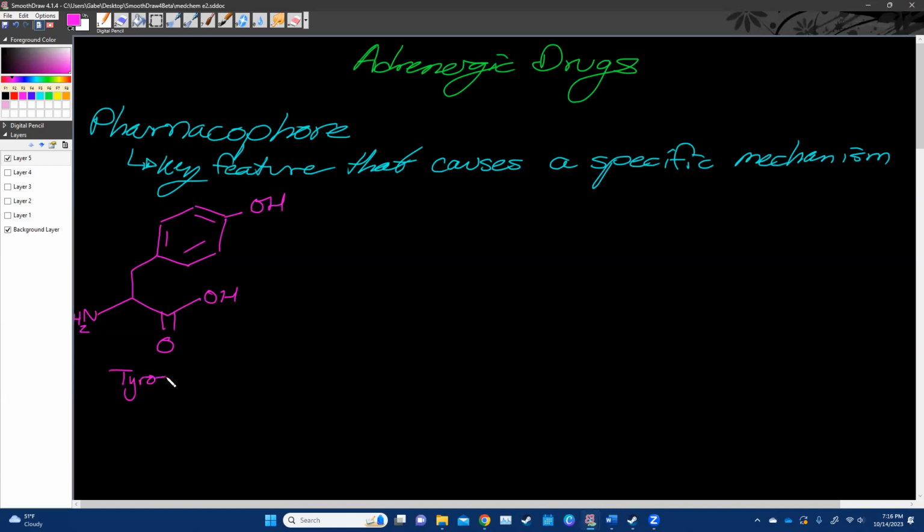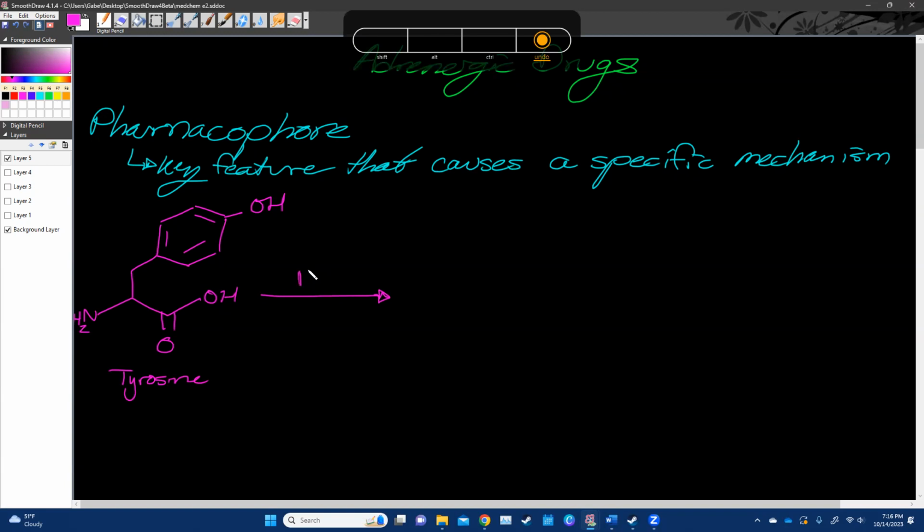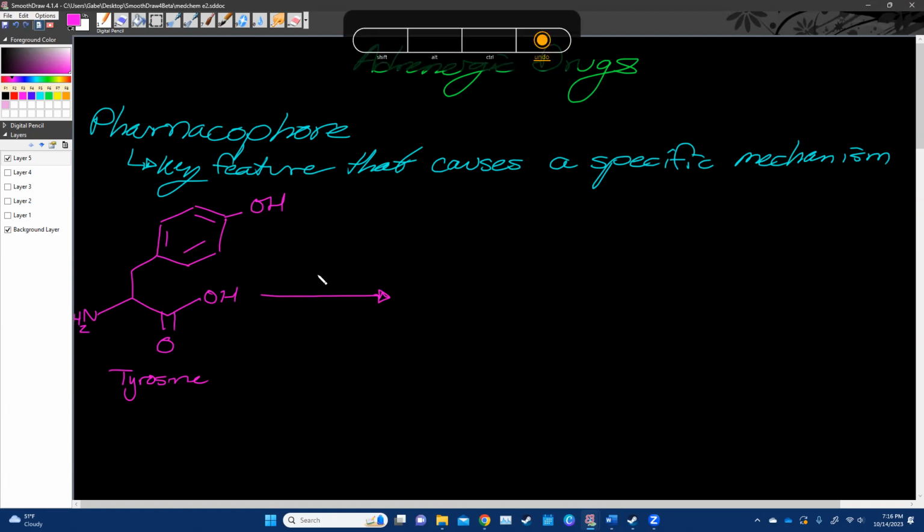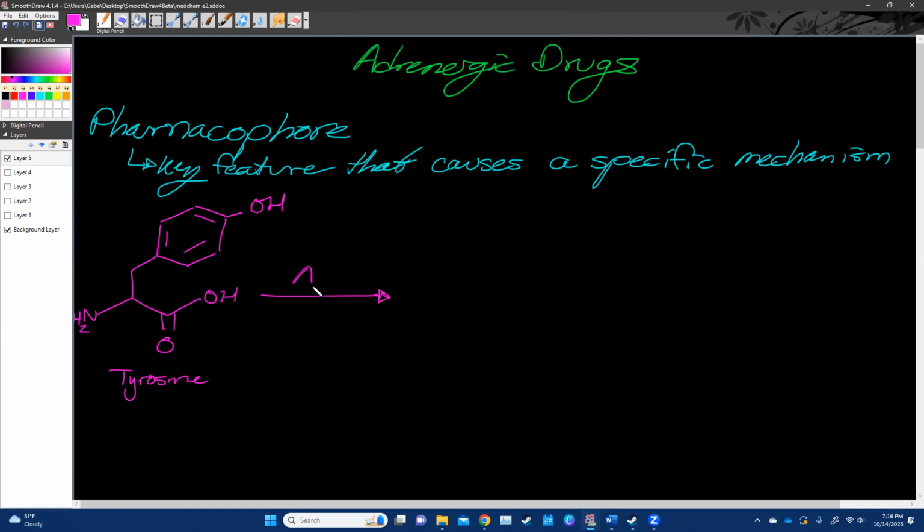Tyrosine, as we've seen previously, is metabolized into dopa, often just called dopa. You might also see it labeled as L-dopa. The enzyme itself is called aromatic hydroxylase, as we've seen previously.